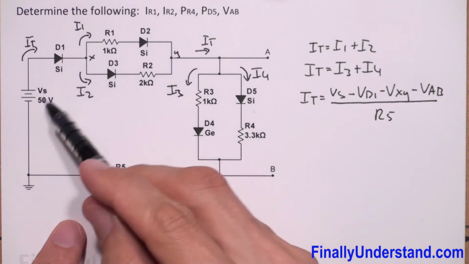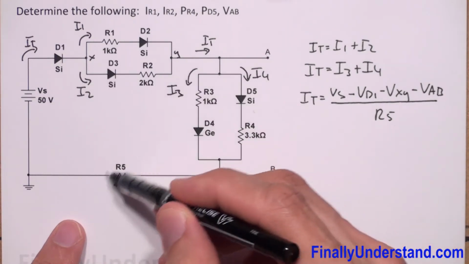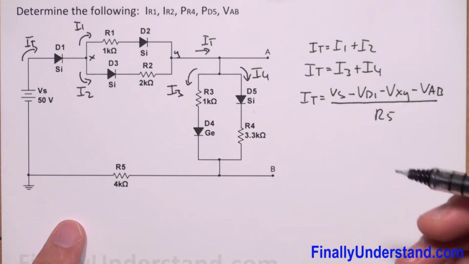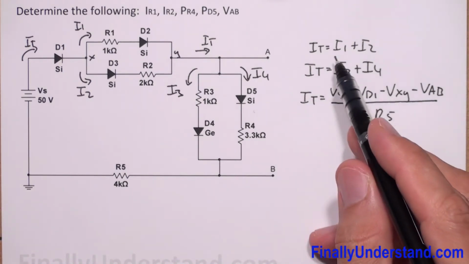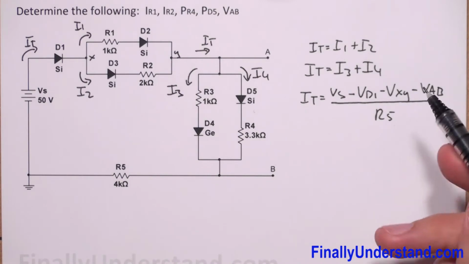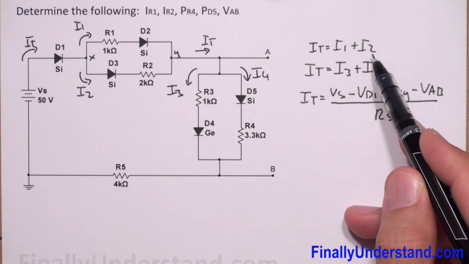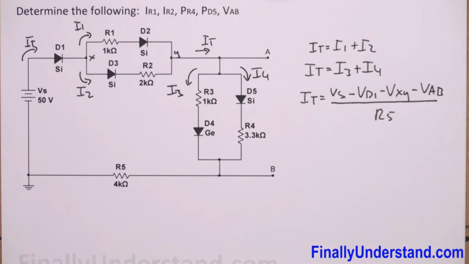So this voltage minus this voltage minus this voltage divided by this resistance will give me I total also. So we're going to use these formulas, but in order to find I total, we're supposed to basically find the currents I1 and I2. We're supposed to find also I3 and I4.